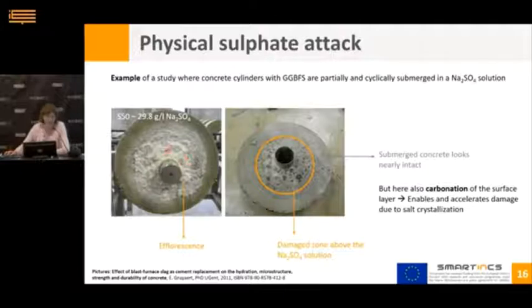And although it was the aim for us to have a look at the cyclic immersion and measure also with the lasers the degradation that would occur here at the side surfaces which are exposed to the sodium sulfate solution, in fact, we had much more degradation here in the zone due to physical sulfate attack.